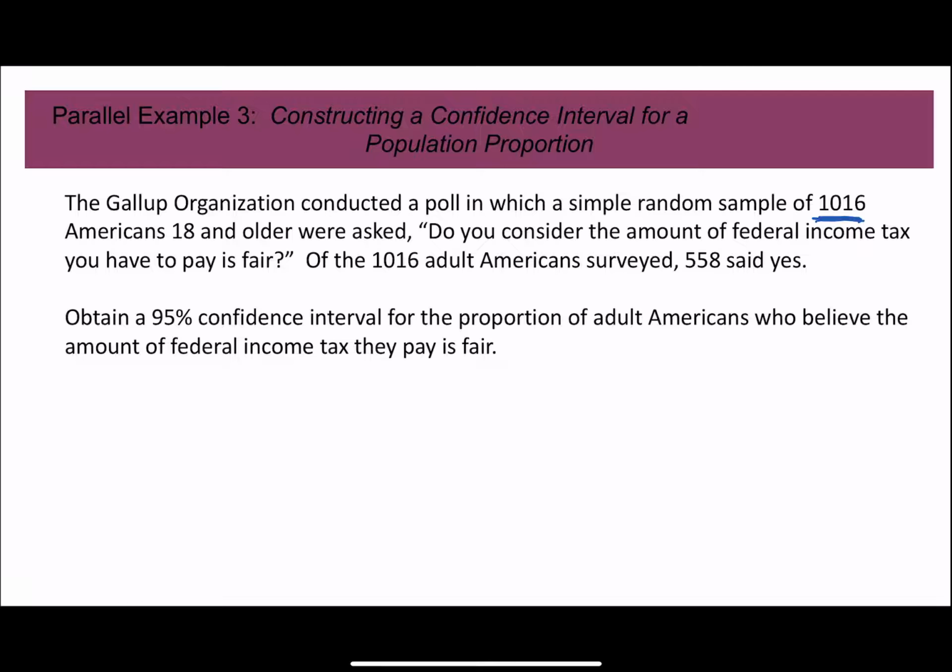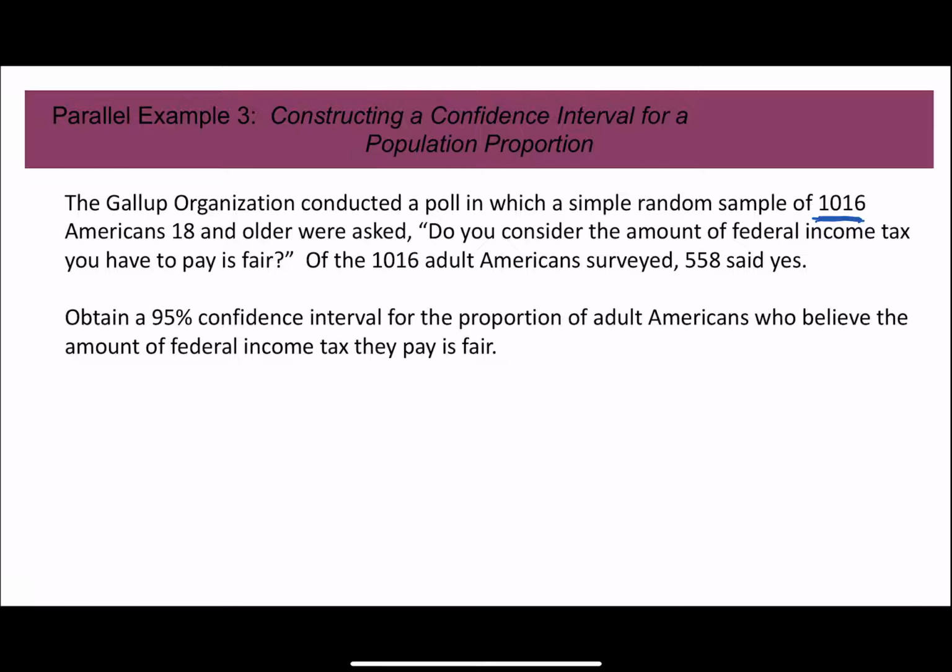Of the 1,016 adult Americans surveyed, 558 said yes. Obtain a 95% confidence interval for the proportion of adult Americans who believe the amount of federal income tax they pay is fair. So go ahead and pause this video. If you need to, take a look at your PowerPoint, go back a couple slides and see how I calculated it. Otherwise, just look at your notes, see if you can find your confidence interval, and then unpause and we'll do it together.